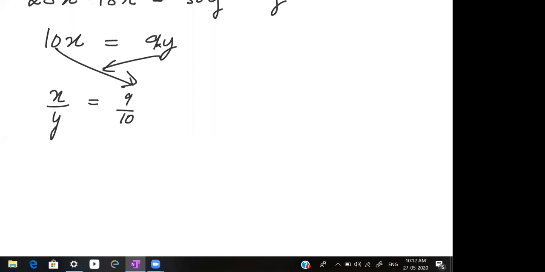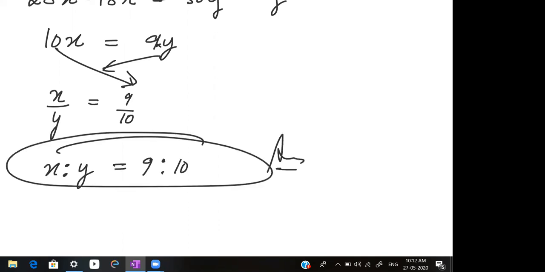So x upon y is equal to 9 upon 10. So x ratio y is equal to 9 ratio 10. This is the answer of the first part. In first part we had to find x ratio y, so x ratio y is 9 ratio 10.